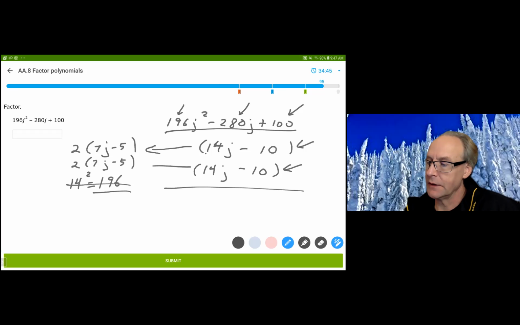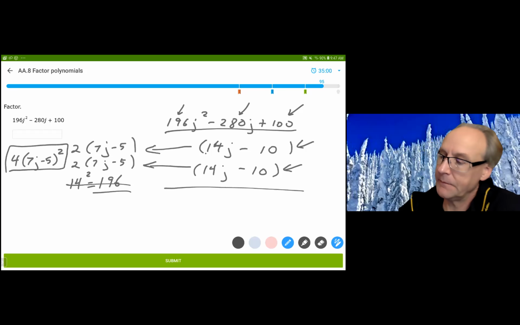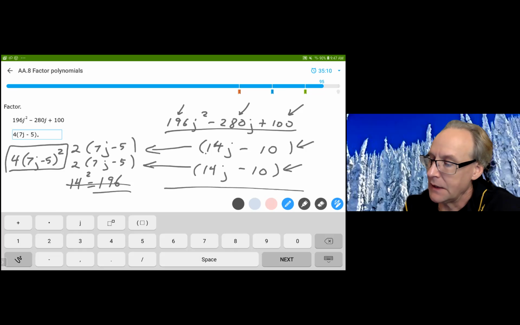Hopefully that's clear. And that gives us 4 times the 7j minus 5 squared. Not as obvious as it could be, but hopefully that makes sense to all of you. So we have a 4 parentheses 7j minus 5, and that is being squared.